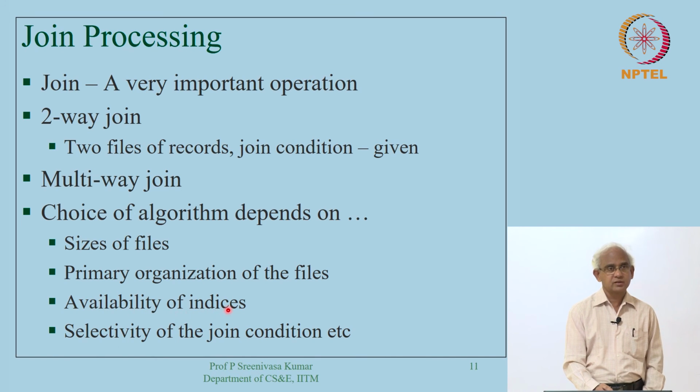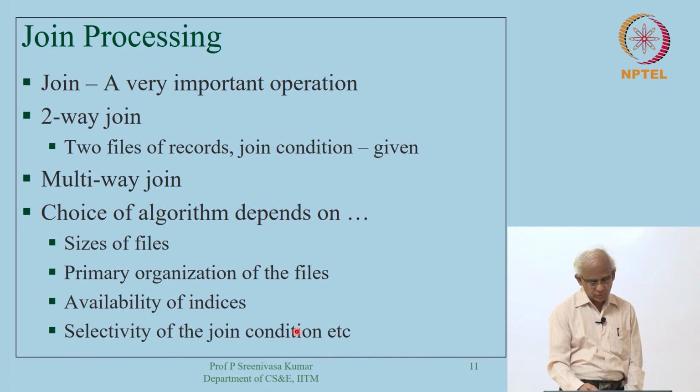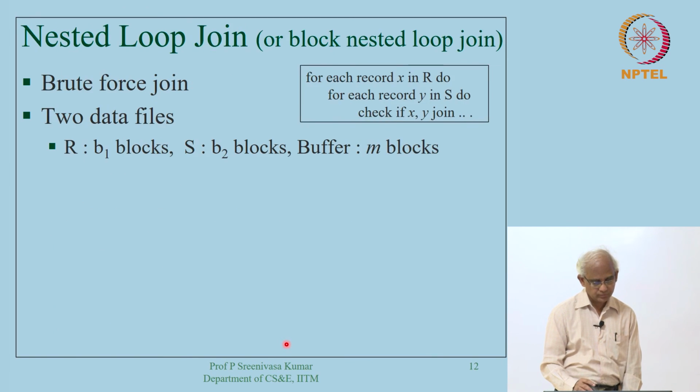And are there indices available? These are some of the questions. And what about the selectivity of the join condition? So these are the various things that are involved.